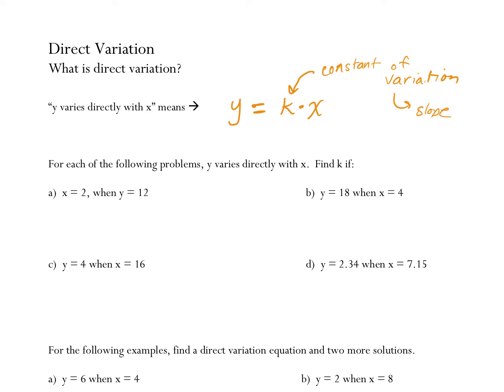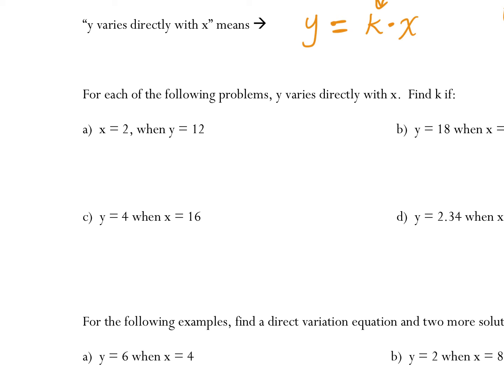Okay? So the first thing I might ask you to do is find just that constant of variation. Find k. All right? So if I tell you that y is equal to something times x, because y varies directly with x, and I happen to know that when y is 12, x is equal to 2, can you guys tell me what that constant would have been between the two?